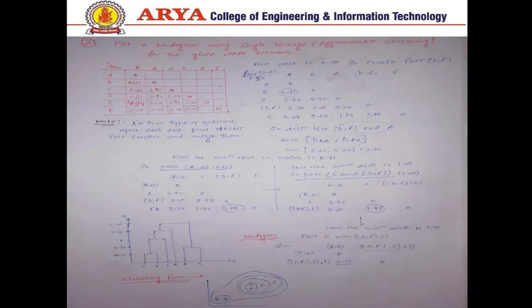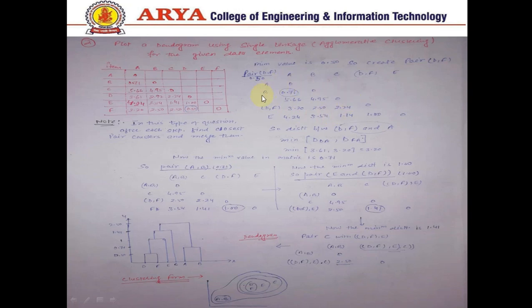Here we have another example. The process is the same. First, from the given data set, find the minimum value. The minimum value is f, d or d, f, that is 0.50. So we pair d, f with minimum distance 0.50, and the matrix is converted into A, B, C and the d, f pair.